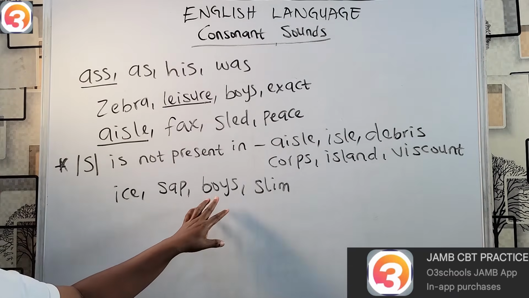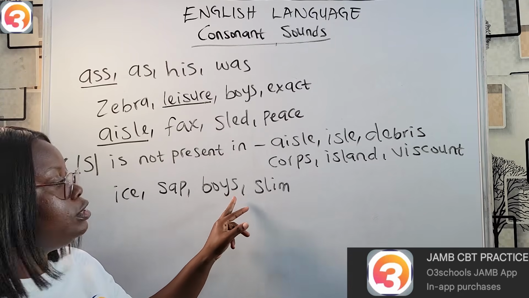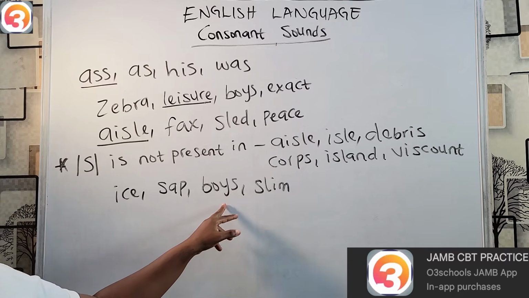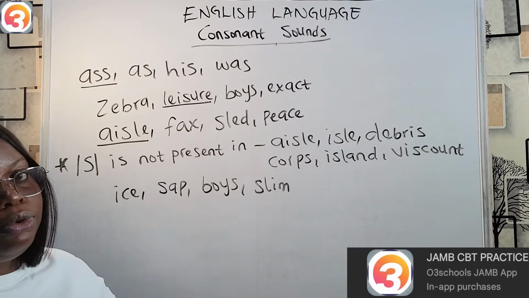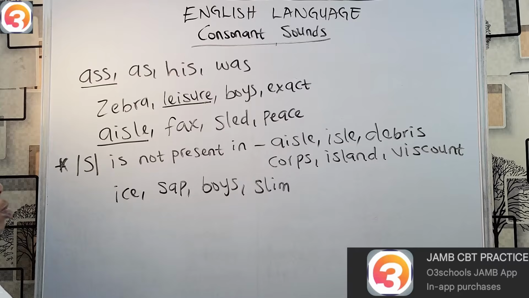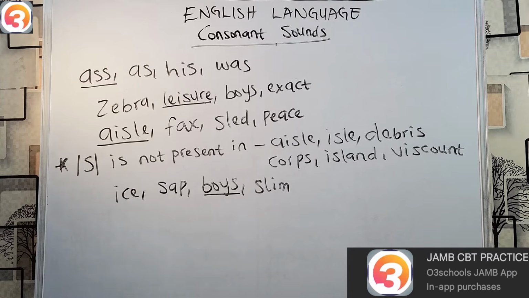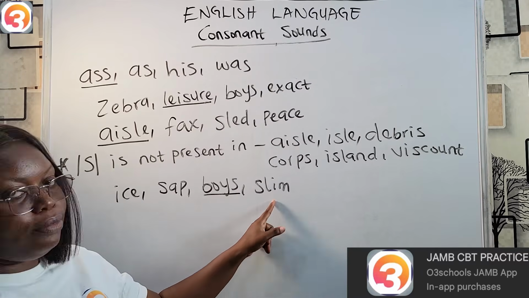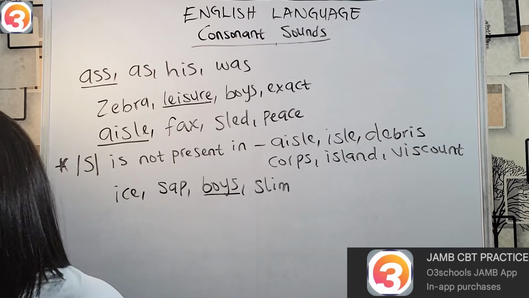We've already established the fact that the S here isn't S, since it's coming after a vowel sound. If it's coming after a vowel sound or a voiced consonant, it's no more S but Z. So this becomes our odd one out here. These other words contain S: ice, sap, slim. Though there's S here, it's not pronounced as S but Z.